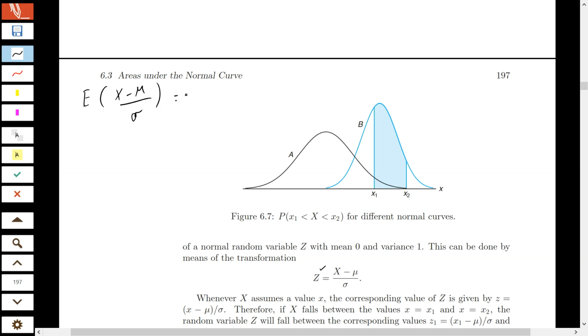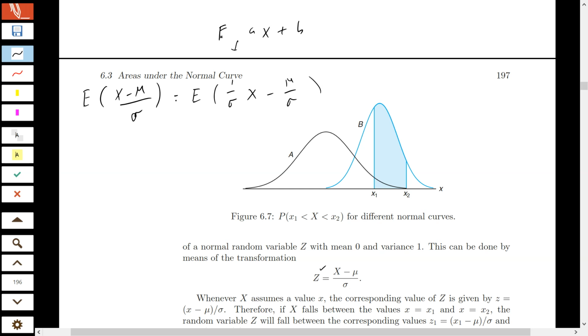First, I write this as a linear combination, right? So x times 1 over sigma minus mu over sigma. I can think of this as a times x plus b, where b is minus mu over sigma.